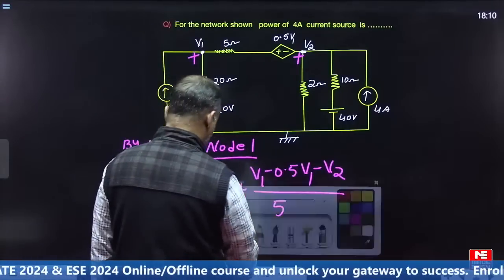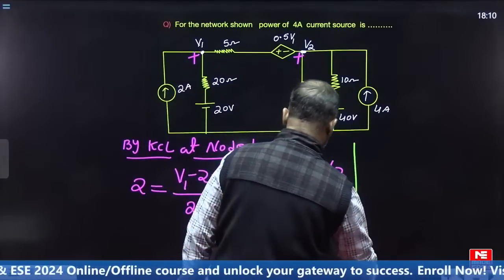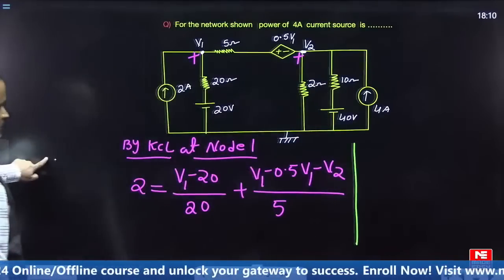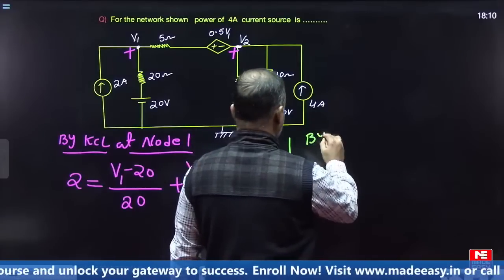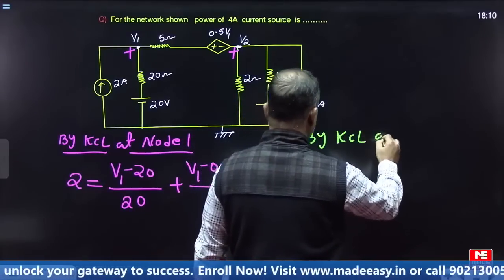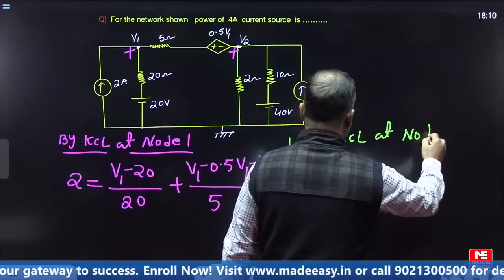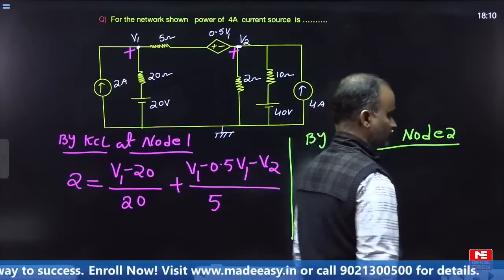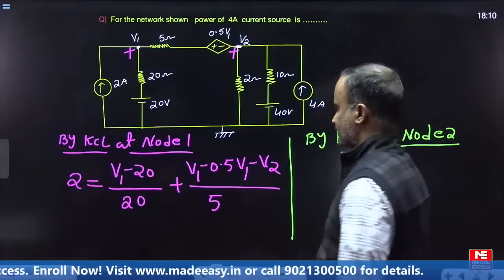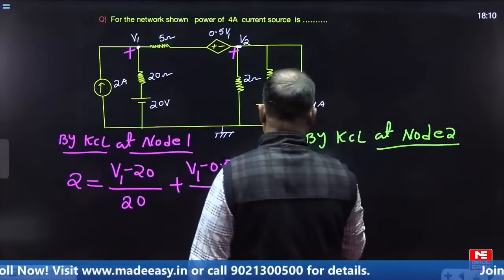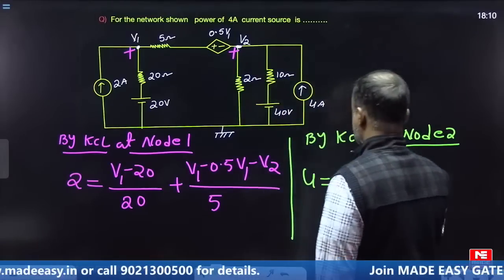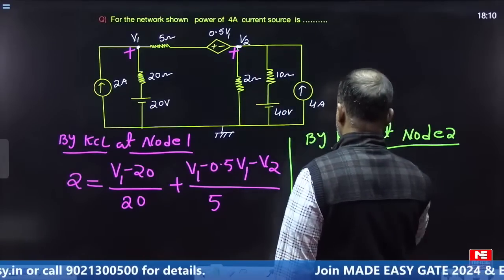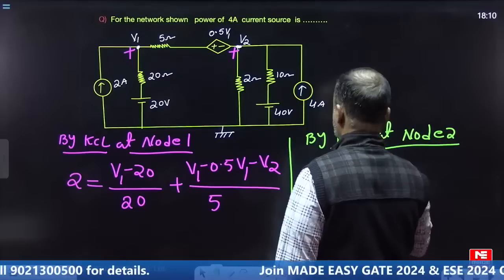Can you repeat the same thing for node 2 also? Now for node 2, the 4 amperes is the incoming current, and subtraction of outgoing current.